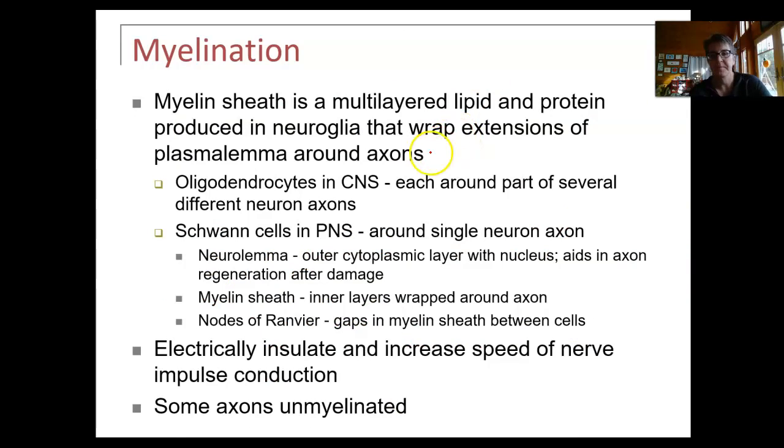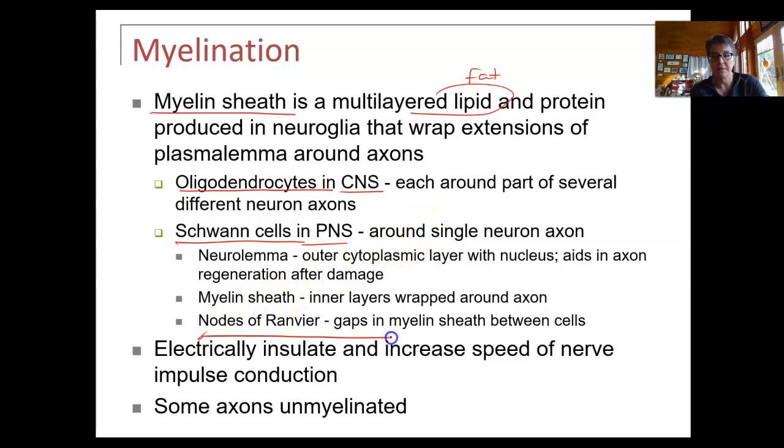In the central nervous system it is a little bit different than the myelin sheath in the peripheral nervous system, but all I really want you to know is that myelin is a lipid, so lipids are fat. It's a fatty insulative layer. And oligodendrocytes are responsible for making myelin in the central nervous system. Schwann cells are responsible for making myelin in the peripheral nervous system.